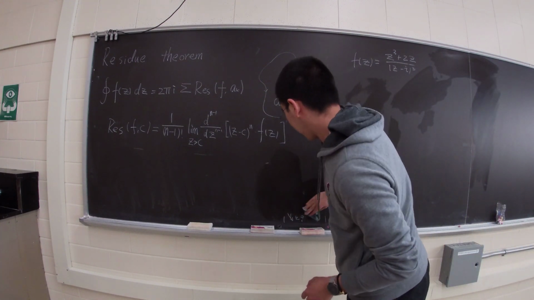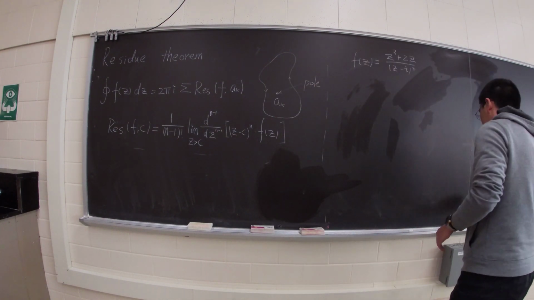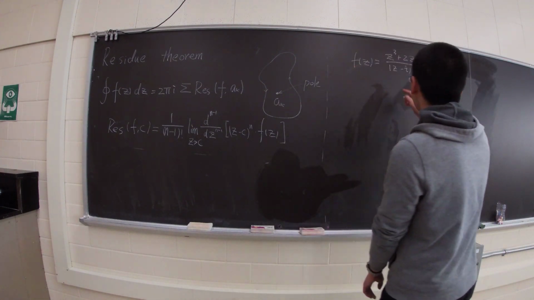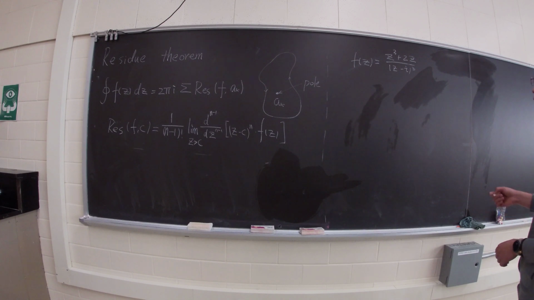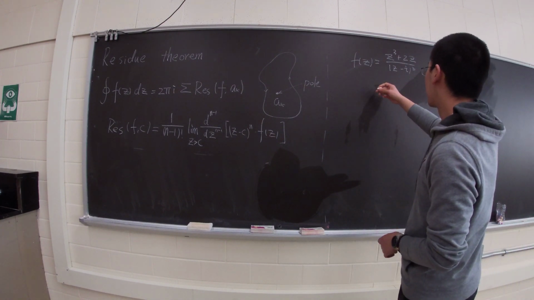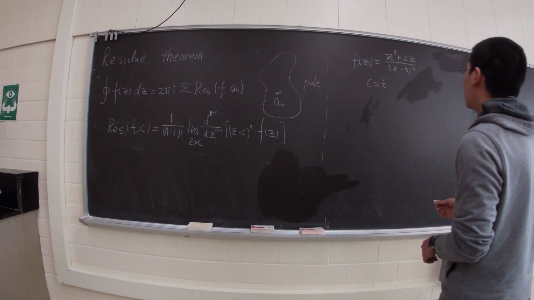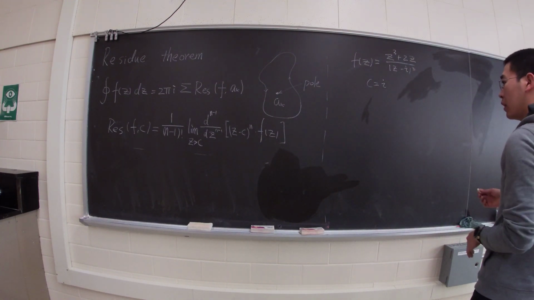Anyway, same problem. By observing it, we know that c equals i, because that's obviously the pole.